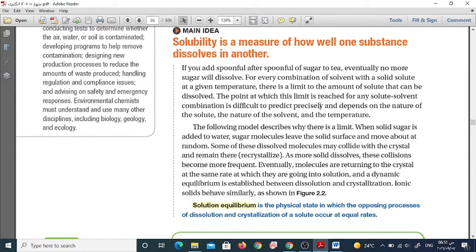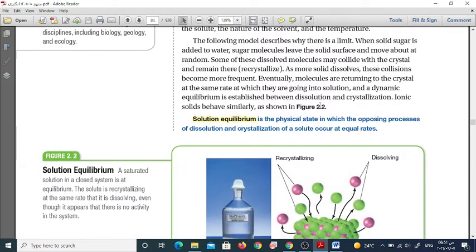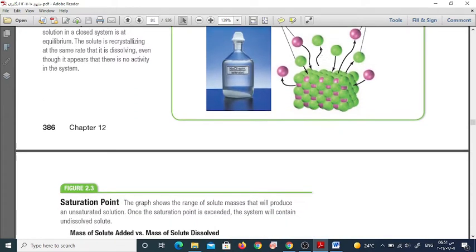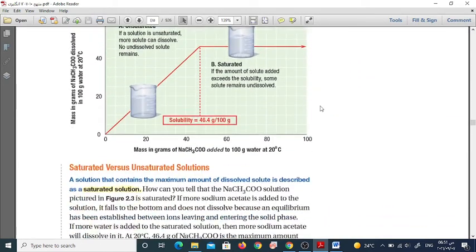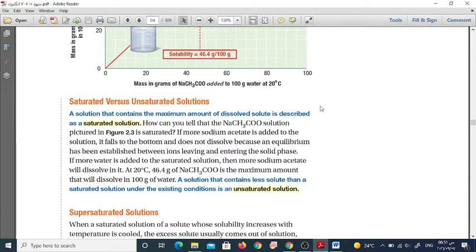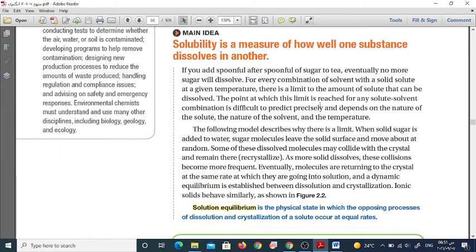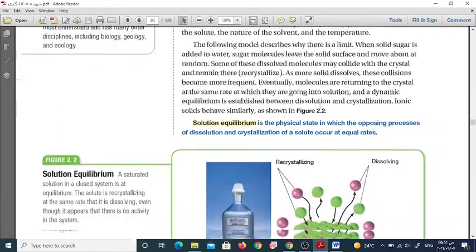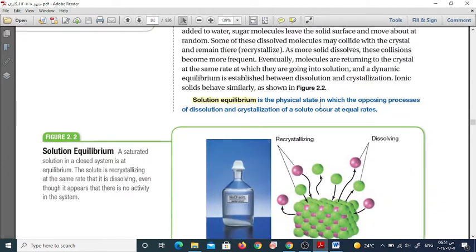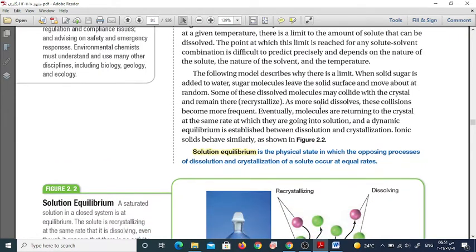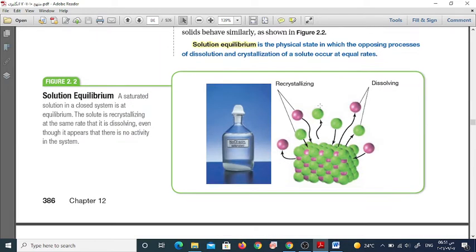For example, 200 grams of sugar gets dissolved in water. Before I define solubility, let's start with the solution equilibrium.